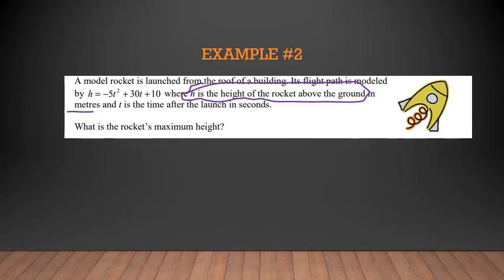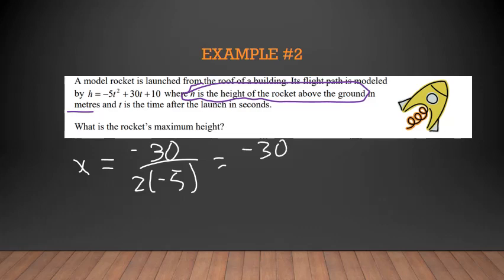So yes, in order to get there, we still have to use that formula, x equals negative b over 2a. That's not going to be our answer, even though we have to use it to find the correct answer. Right now it's very important that you are able to know which you're giving. So this will be negative 30 over negative 10.